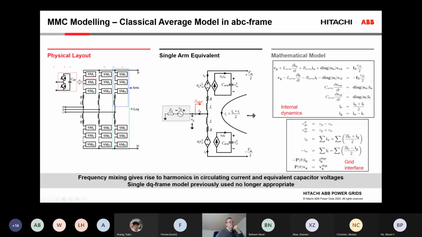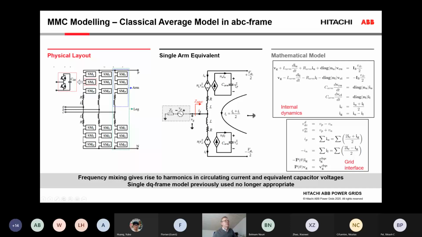But in the end, when you have three of these in parallel, one for each phase, they will together form the DC voltage on the side. We also have other internal dynamics due to the charging and discharging of the capacitance. And we can already see that this is a little bit more complicated than what we considered so far with the two-level converter, because you have the VCU, that is the capacitor voltage.